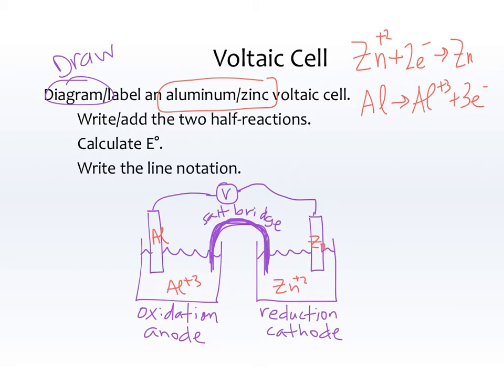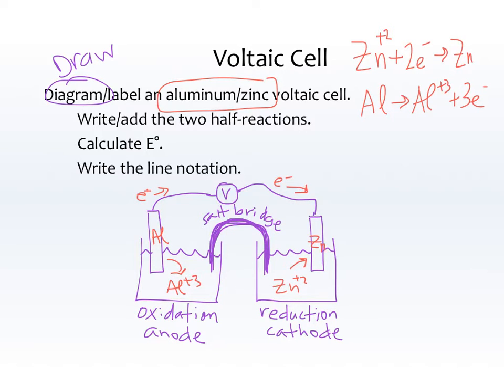Aluminum is the thing that's going to be oxidized, which means the Al is turning into Al3+, and it's also losing electrons. So the electrons are going away from the Al up across the wire. On the other side, your Zn2+ is turning into Zn, and the reason it's doing that is because electrons are coming across the wire, and the positive zinc ions are attracted to the negative electrons.